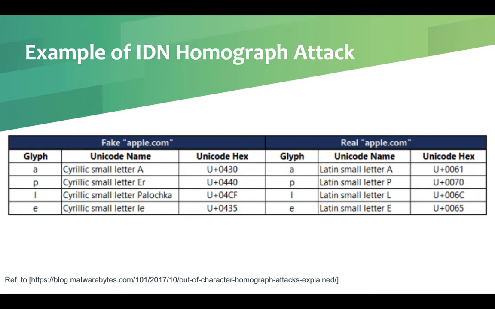But at first look, it is very difficult for anyone to identify which one is genuine. Certain characters have been replaced and then registered to completely deceive the end users, so that they consider the fake domain given to them to be the real one.